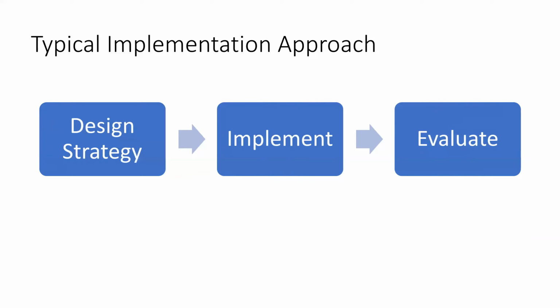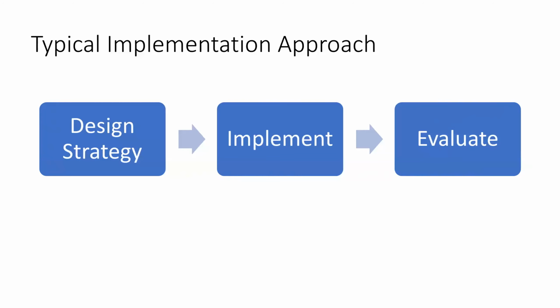Then we must adapt our strategies depending on what we learn, which means that implementation rarely happens in a linear way. It's almost always an iterative process. So I know many of you know that iterative is one of my most favorite words, and it's for a good reason, because this work, if you want to be in systems work, iterative has to be a favorite word, or at least a word that you're willing to work with.